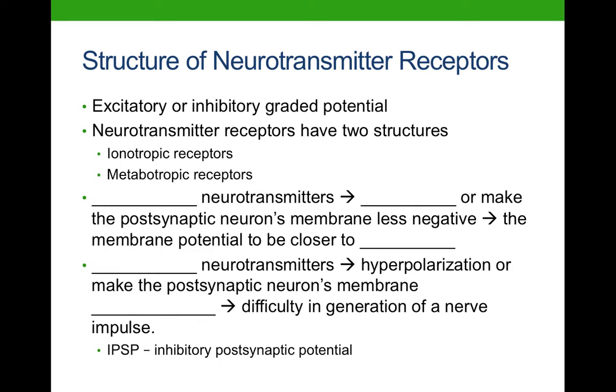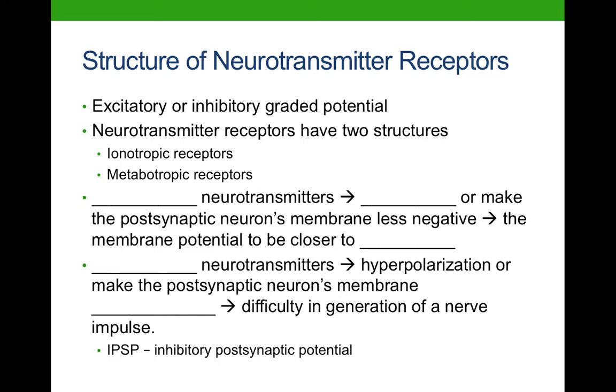An excitatory neurotransmitter is one that can depolarize, or make less negative, the postsynaptic neuron's membrane, bringing the membrane potential closer to threshold.